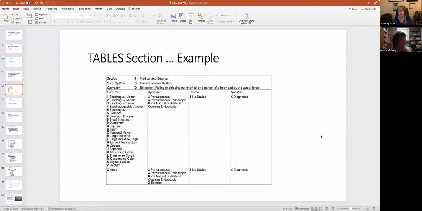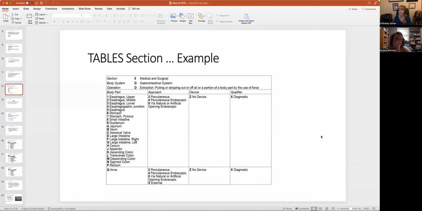Now, most of the time there's no device, but there might be. For example, if we go back to a problem in a coronary artery, the physician may put a stent in. Stent is a device. So you're going to report, because there's not just one stent. There's like 10 different kinds of stents. So you got to identify what kind of stent, and then that will be in the sixth character.